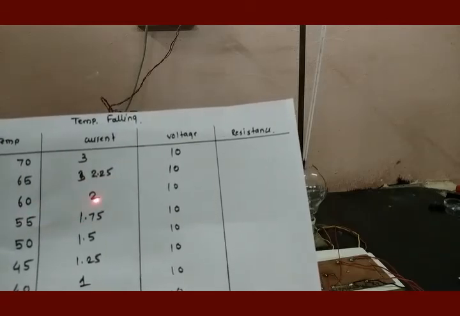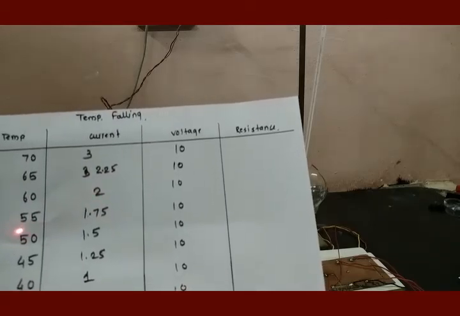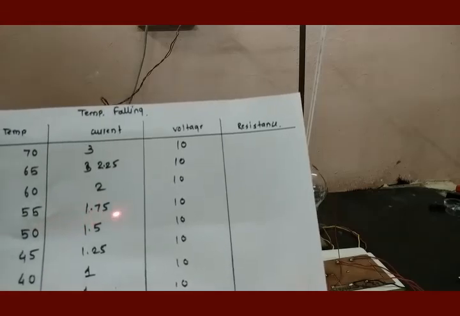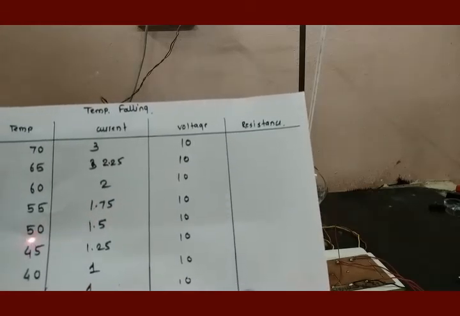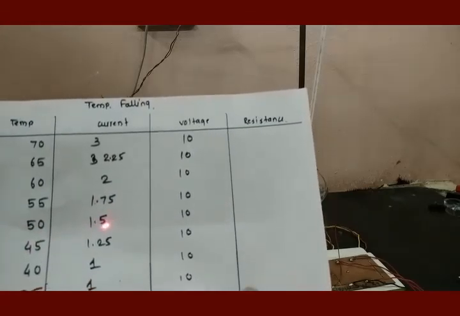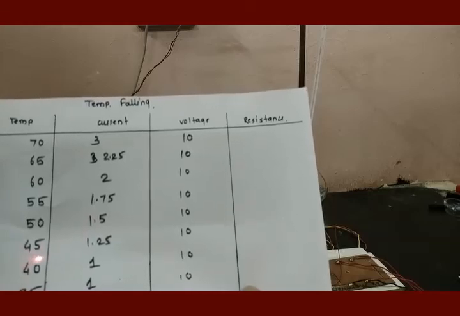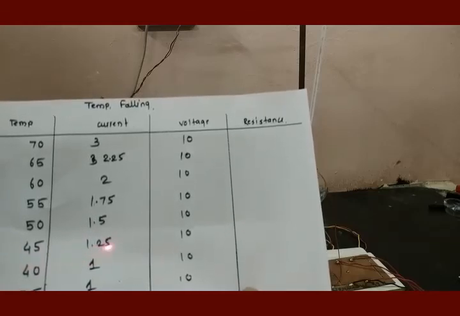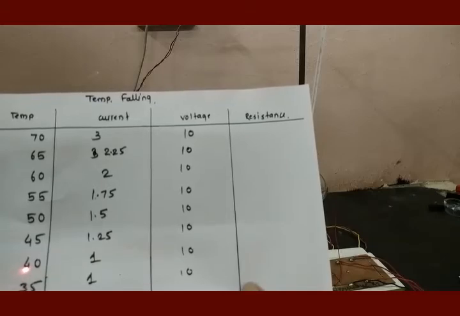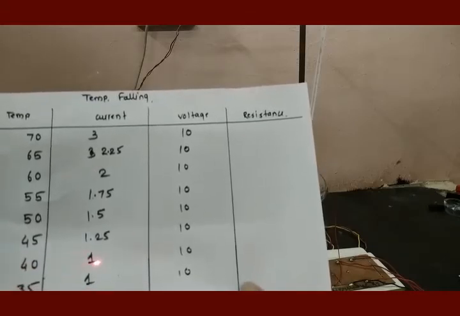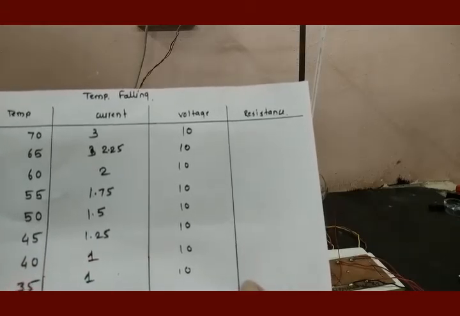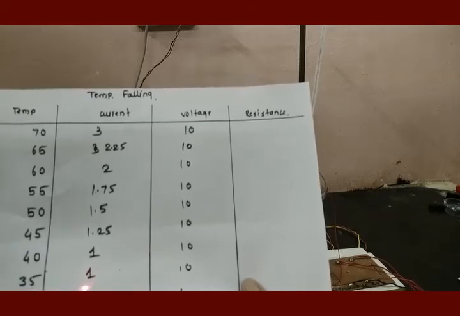At 60 it becomes 2 milliampere. At 55 degrees Celsius it becomes 1.75 milliampere. At 50 degrees Celsius it becomes 1.5 milliampere. At 45 degrees Celsius it becomes 1.25 milliampere. At 40 degrees Celsius it becomes 1 milliampere. At 35 degrees Celsius it becomes 1 milliampere.